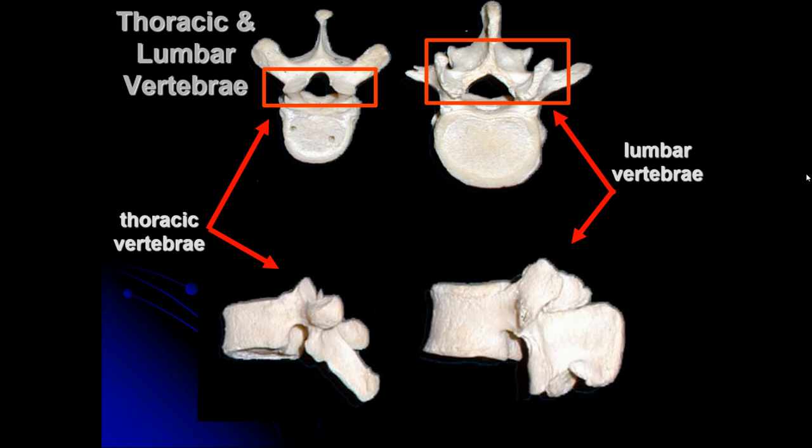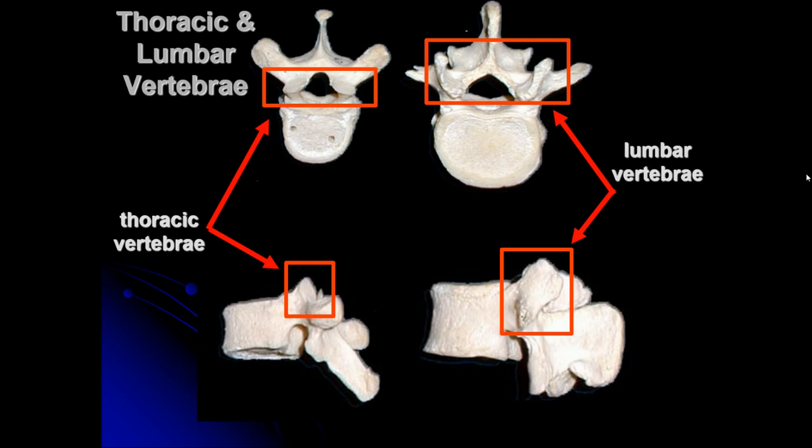If you look at the thoracic ones, they're flat, and they face the posterior position. But if you look at them in the lumbar one, they're curved toward the medial surface. You can see they're curved in. That is the easiest way to tell these apart, and you can see it in both the superior view and the lateral view.